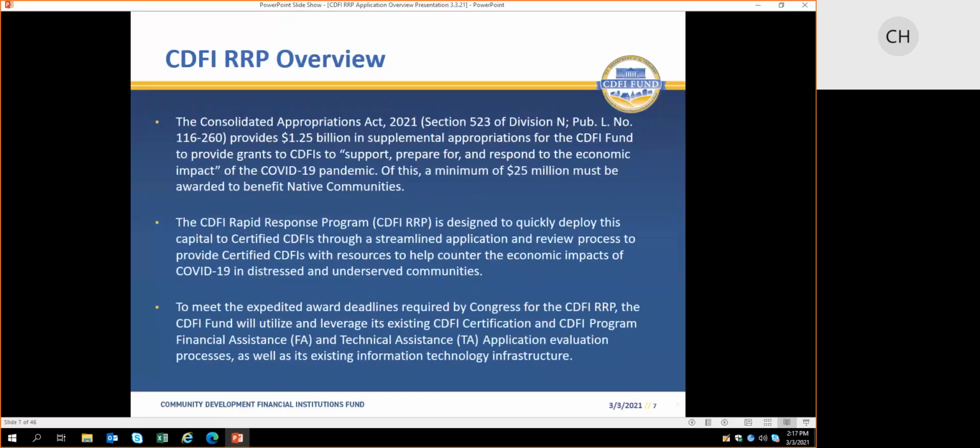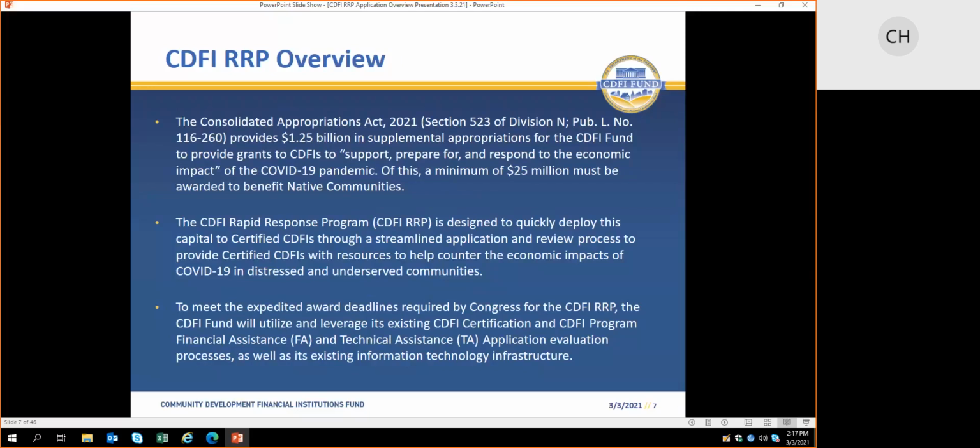So a little bit more about the CDFI Rapid Response Program. Back in December of last year, the Consolidated Appropriations Act of 2021 provided $1.25 billion in supplemental appropriations for the CDFI Fund to provide grants to CDFIs to support, prepare for, and respond to the economic impact of the COVID-19 pandemic.